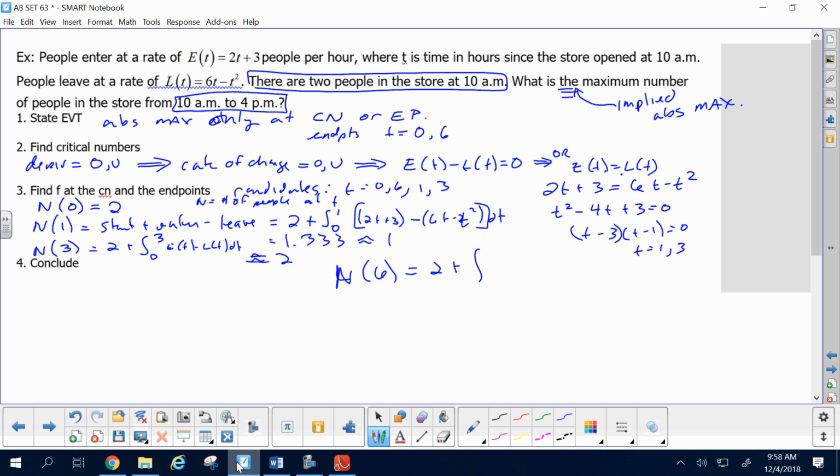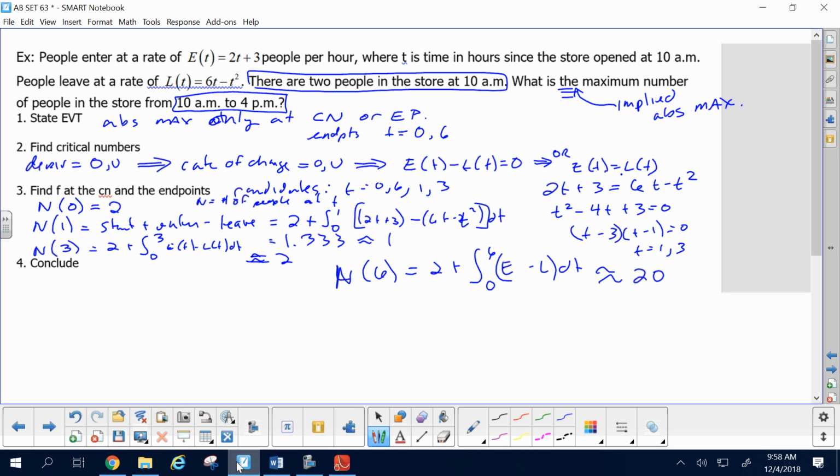That's 2 plus the integral from 0 to 6 of enter minus leave. And what is that equal to? Change it to 6. 20. Okay, cool.